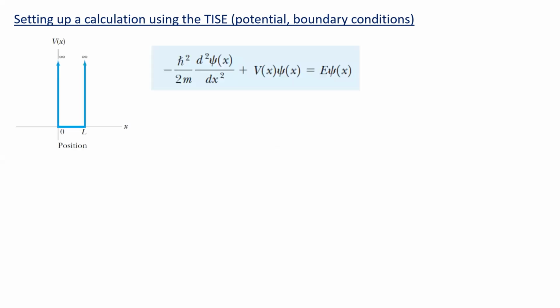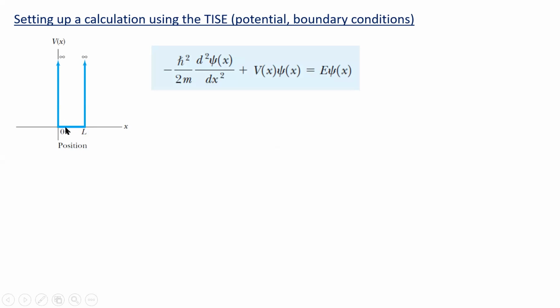So first, setting up a calculation using the TISE, or time-independent Schrodinger equation. And we're going to be looking at the potential energy and the boundary conditions principally here. So here is the one-dimensional infinite square well, also known as the one-dimensional box previously.